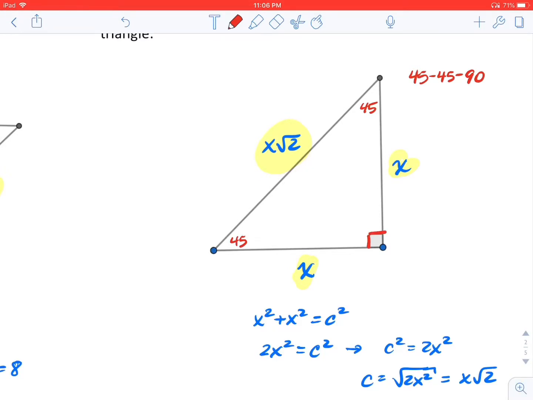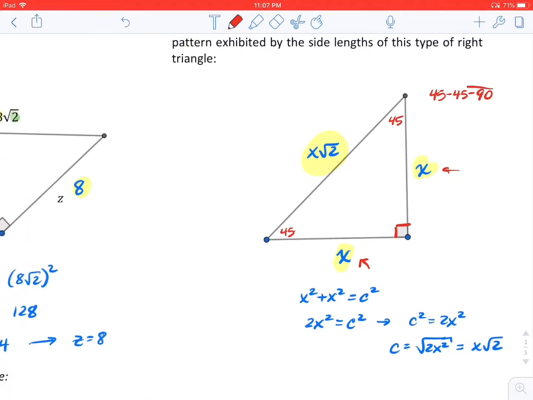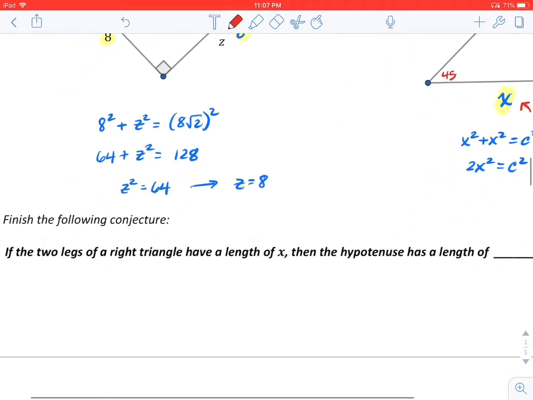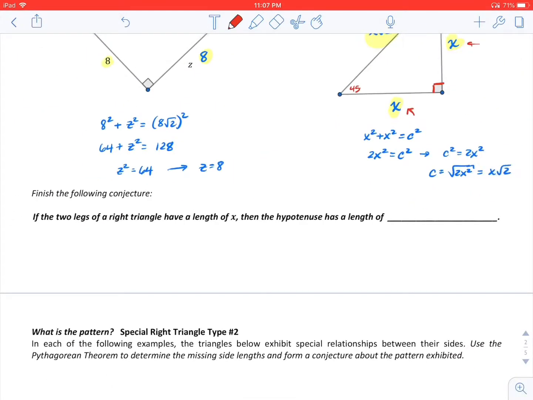And if these two legs are the same length, it just so happens that the other two angles will be the same measure. Hence the name 45-45-90 triangle. So the following conjecture would be not even a conjecture anymore, I guess that's an established fact. If the two legs of a right triangle have a length of x, then the hypotenuse has a length of x times the square root of 2.